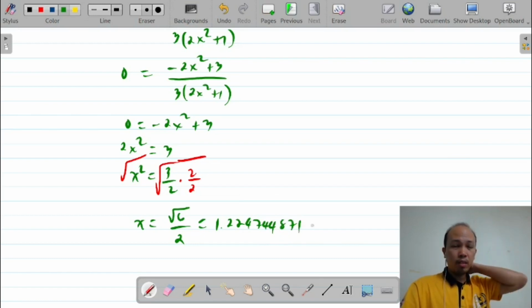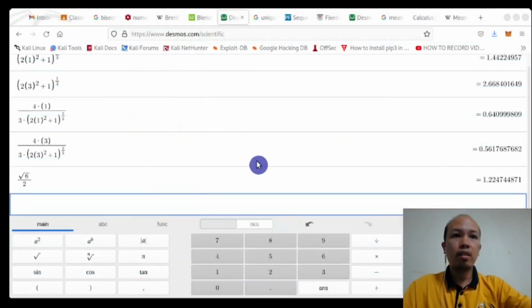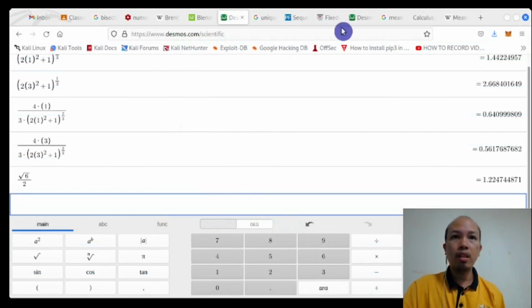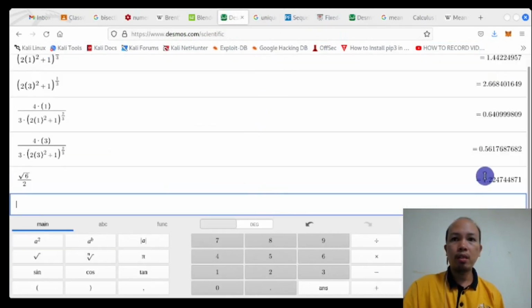So this is the value in the denominator in the x-axis here. So this is 1.22. Let's copy this one here.